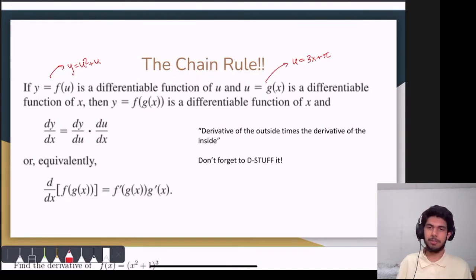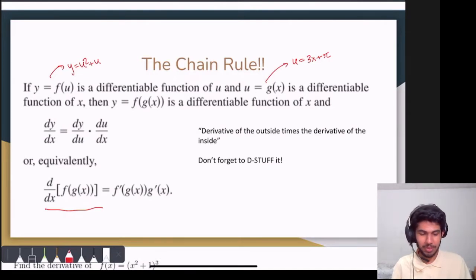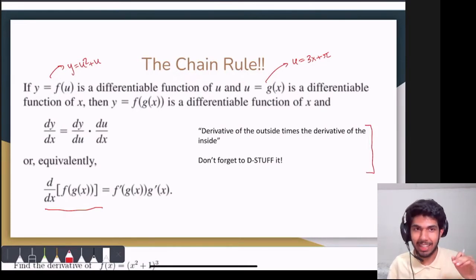That can be a little bit confusing. So typically we'll see the bottom part here, where the derivative of this composite function, f of g of x, is equal to f prime of g of x times g prime of x. On the right here, I included some quotes that might help you remember it. So the chain rule, you're taking the derivative of the outside and multiplying it with the derivative of the inside.